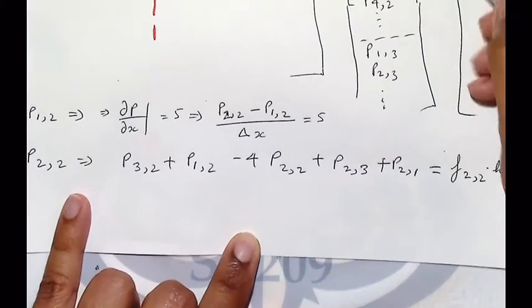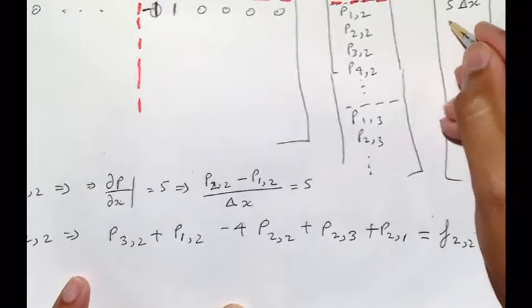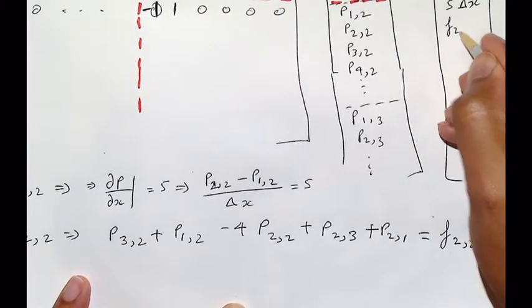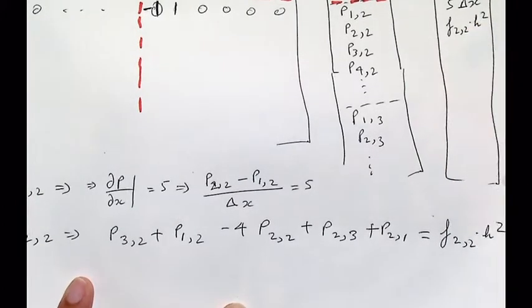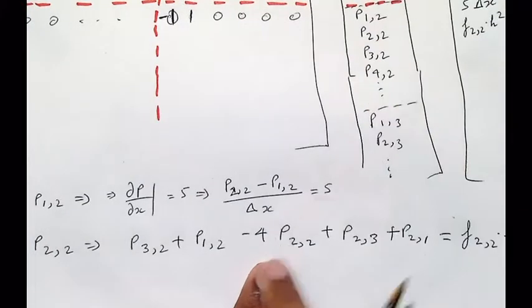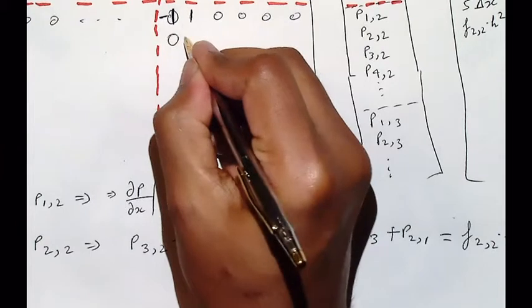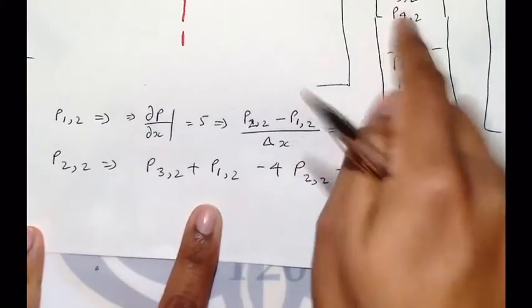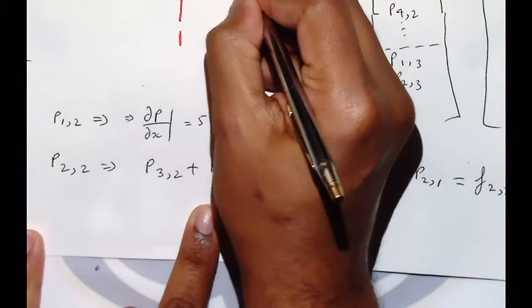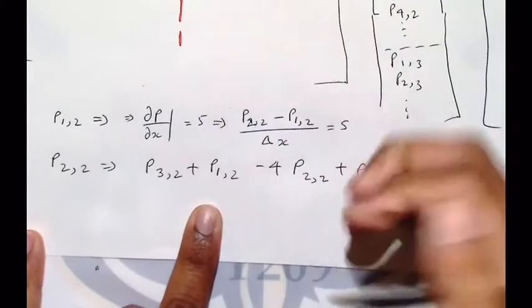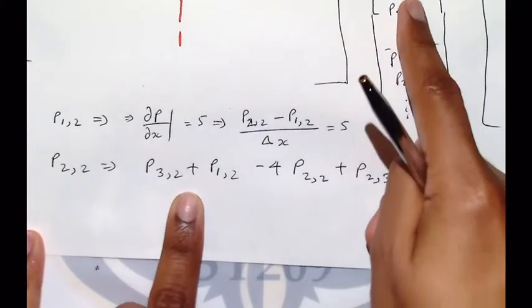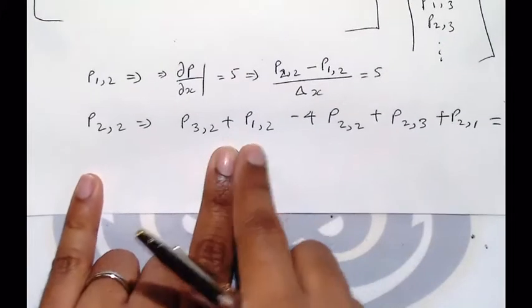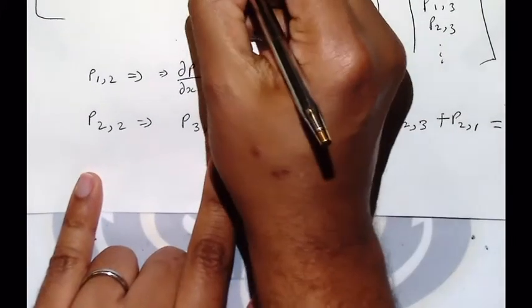So let's put that in here, which is f2,2 times h squared. And then we have a minus 4 with itself, so this is a 0, minus 4, and plus 1 with the 1 on the right, plus 1 here, oh, plus 1 on the left also.